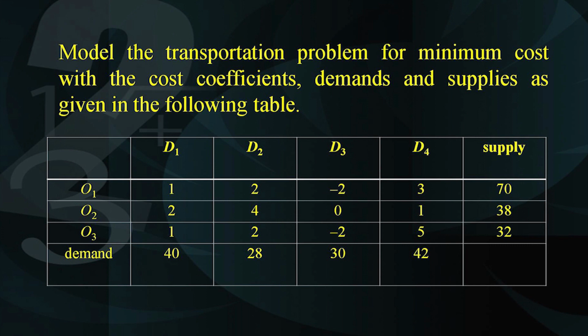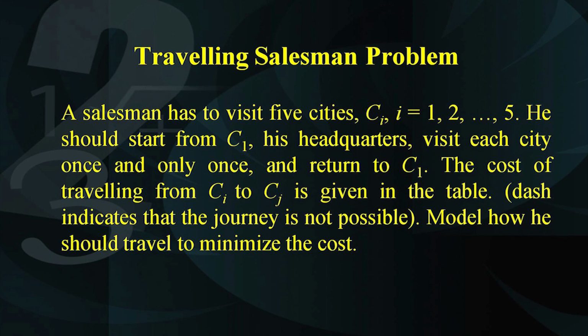So, this is the transportation problem which is found to be occurring in a number of places. The second problem that I am going to discuss is called the traveling salesman's problem.